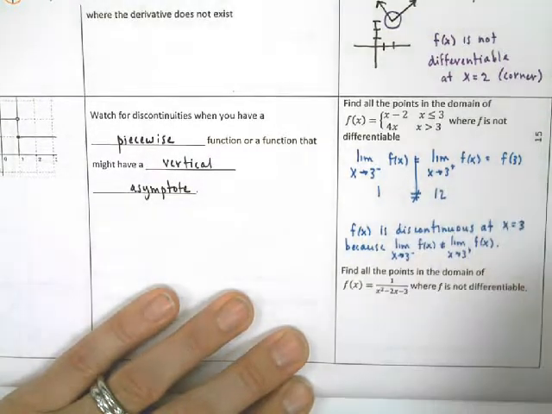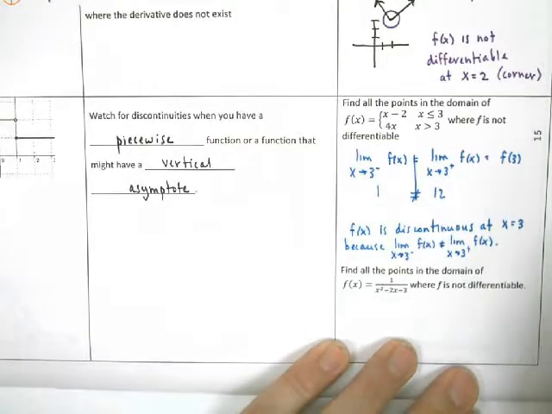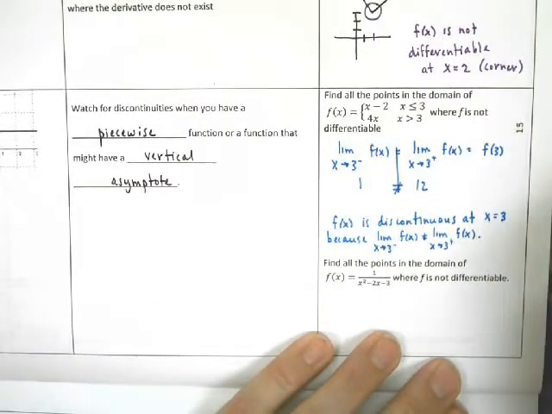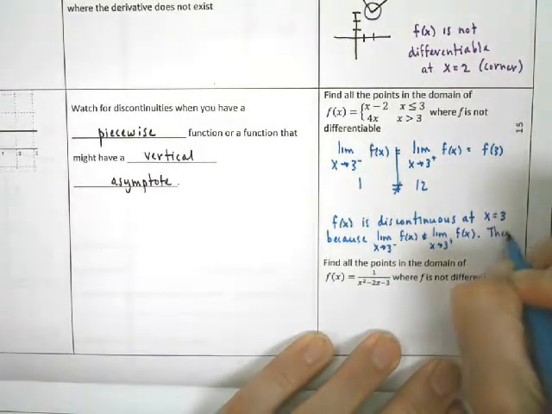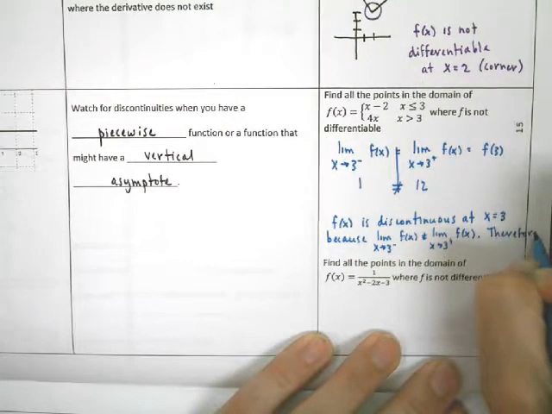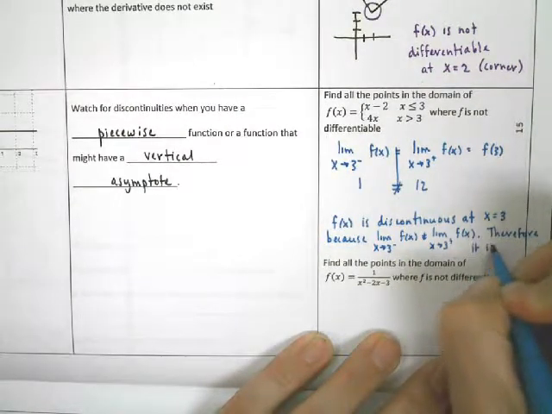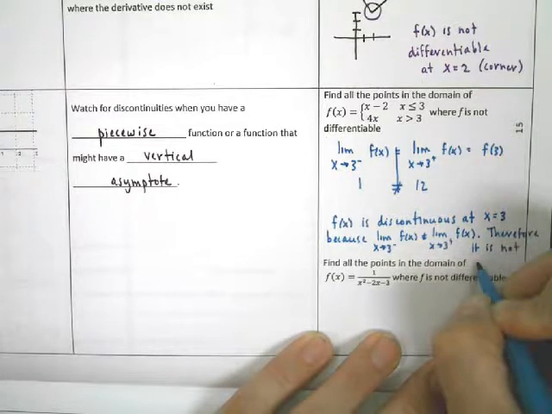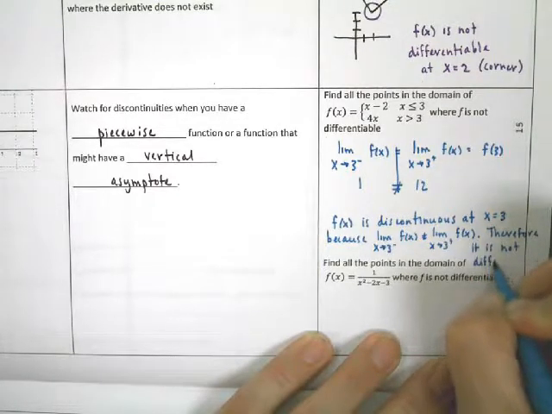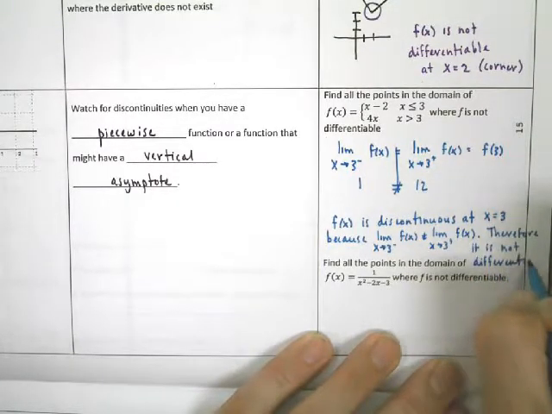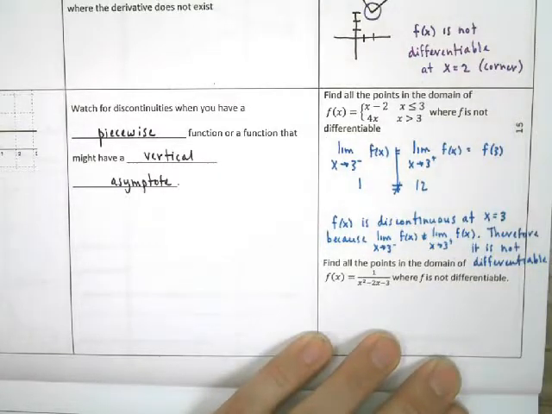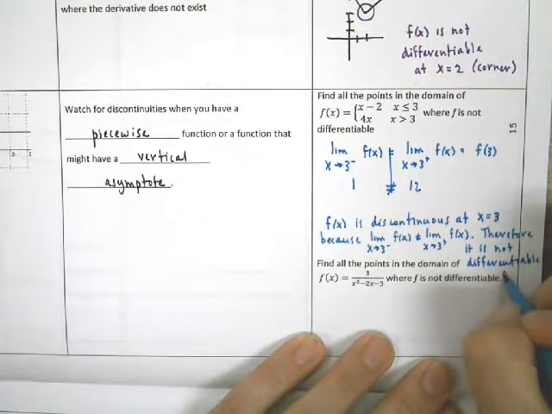I have a jump discontinuity there. So therefore, and I apologize, I'm going to squeeze this in, therefore it is not differentiable at x equals 3. And again, I apologize for cramming this in here.